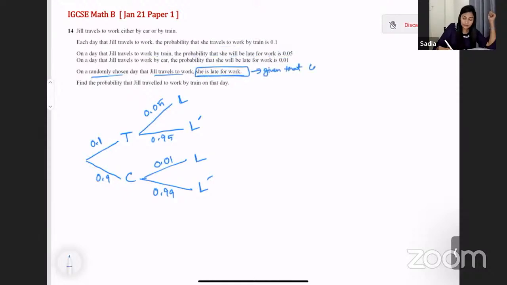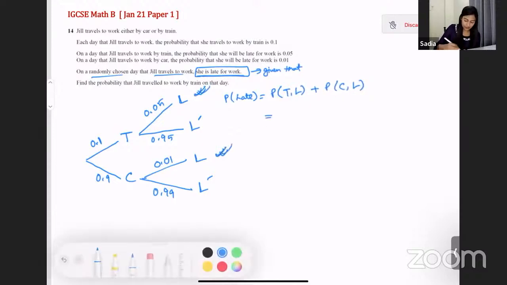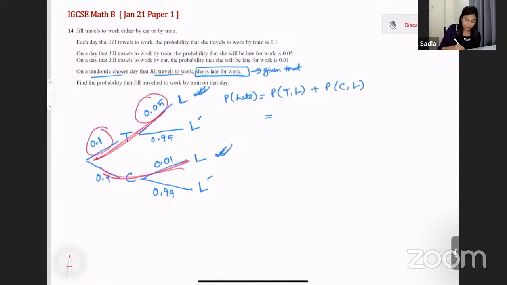As in, they have already mentioned that she is late for work, right? So at the very beginning of the math, you need to find the probability of being late. So the first branch and the third branch, as in train late, car late. So I will be selecting values from these branches. So this one and this one. So you just need to multiply them.